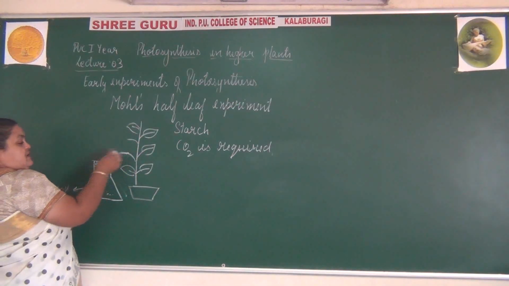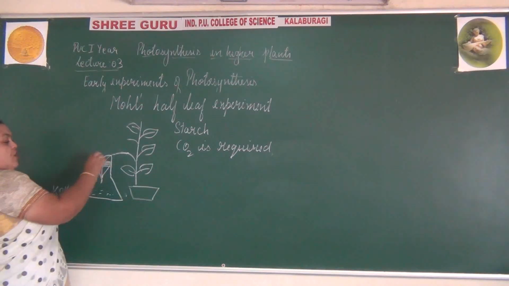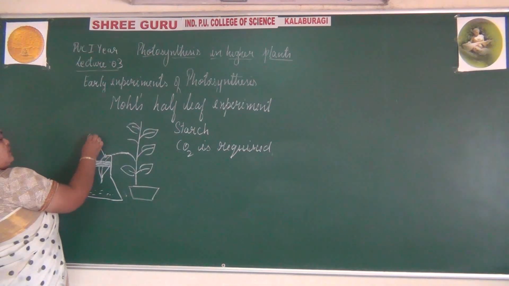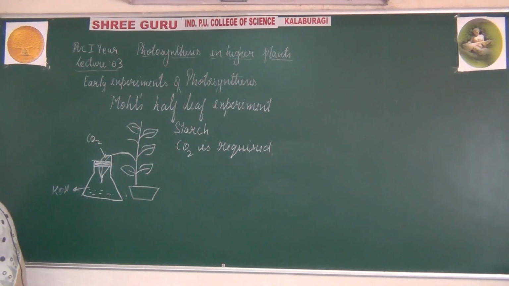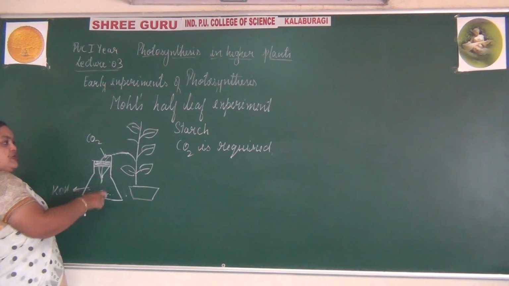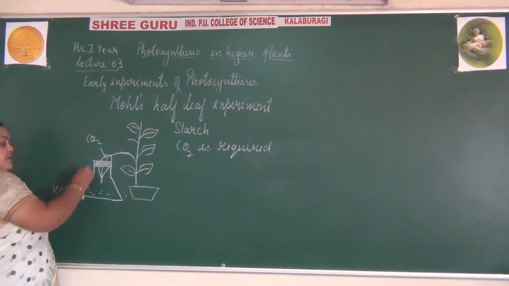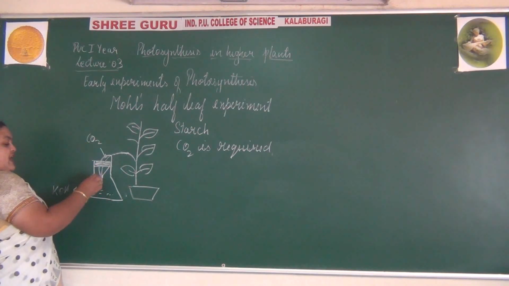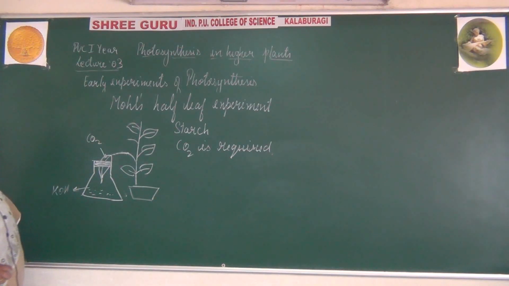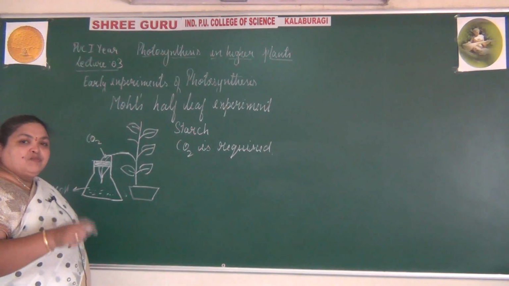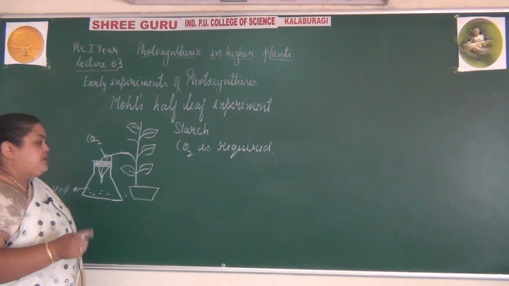Here, the upper part of the leaf received the light and also carbon dioxide, but the part inserted inside the funnel with KOH solution, though it had carbon dioxide, that was absorbed by the KOH solution, and KOH solution turns milky in the presence of carbon dioxide.